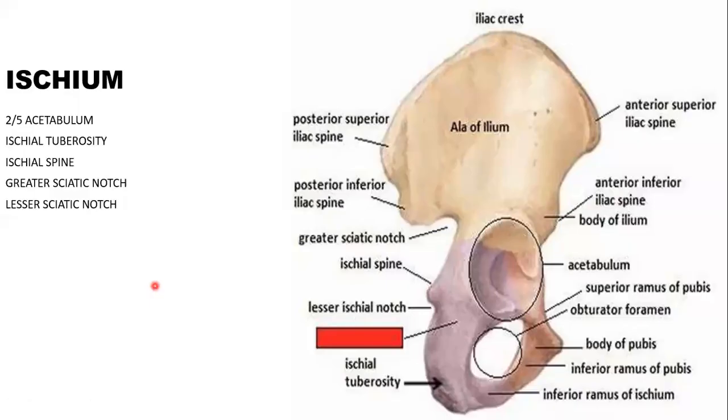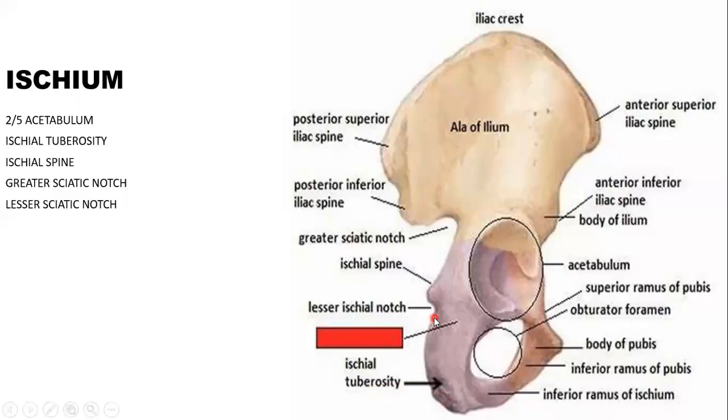Then the ischium, the last bone. So the ischium is more posterior, and it will form 2/5 of the acetabulum. The ischium has a tuberosity. That's where you basically sit. So that tuberosity on the ischium is known as the ischial tuberosity.